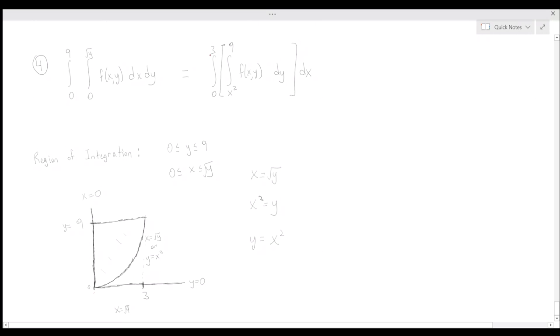So that gave us the bounds on x on the outside. So a good way to think about the inner integral, so we're integrating with respect to y. And remember that when you're integrating with respect to y, you're going to treat x as a constant.